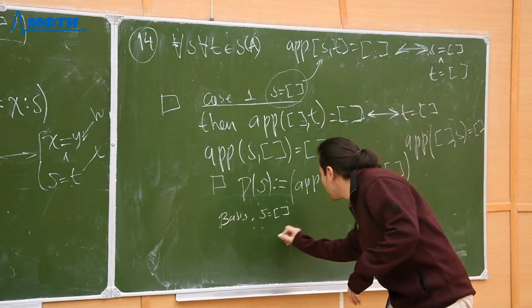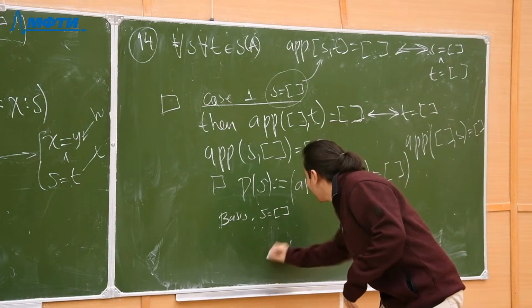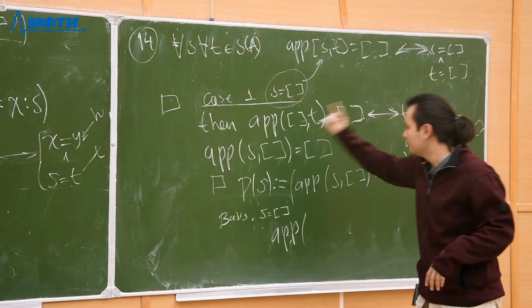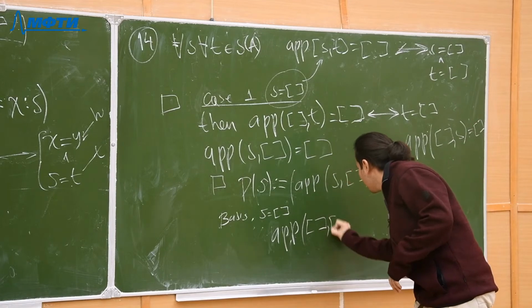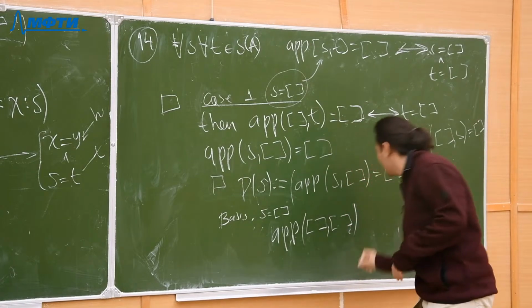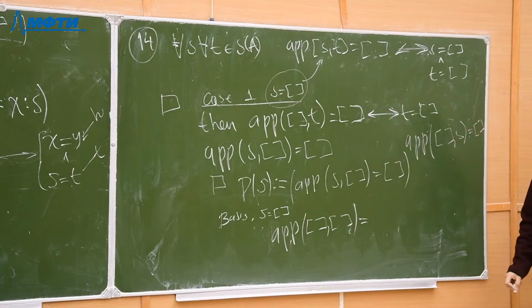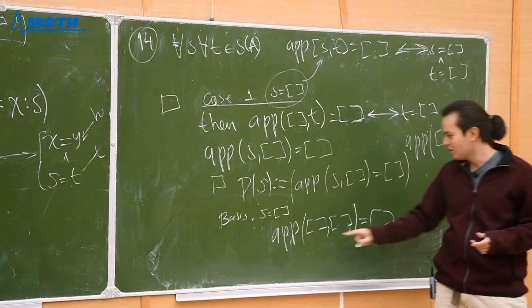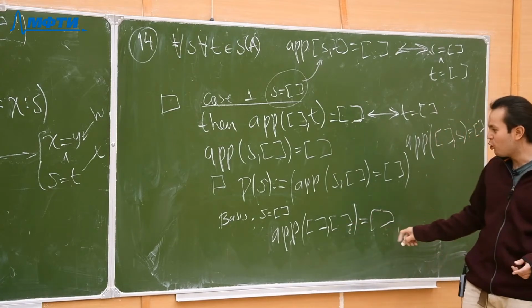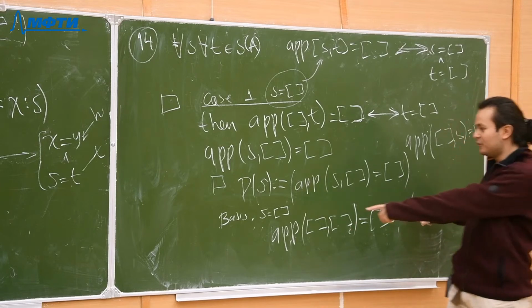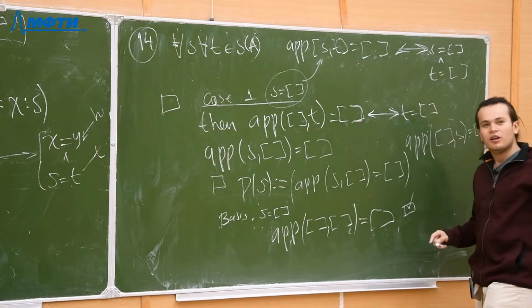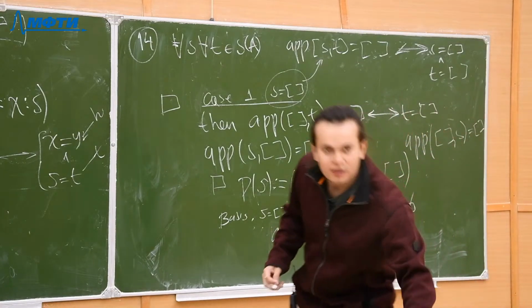Then what do we obtain for this? The app of empty and empty, and this is equal to what? To the empty string, right? By definition, this is equal to this. So it holds. So for s the empty string, this is true. Next, what do we need to do next?